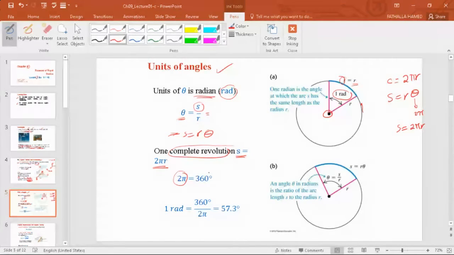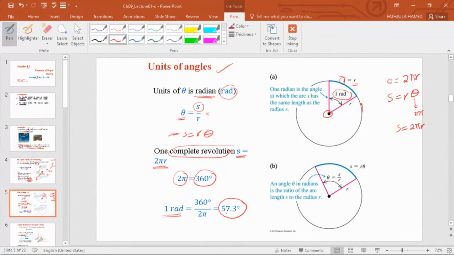So 2 pi is equivalent to 360 degrees. So 1 rad will be 360 degrees divided by 2 pi, which equals 57.3 degrees. So you can look at 1 rad in 2 different ways here.